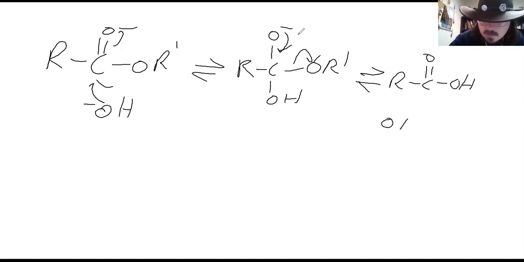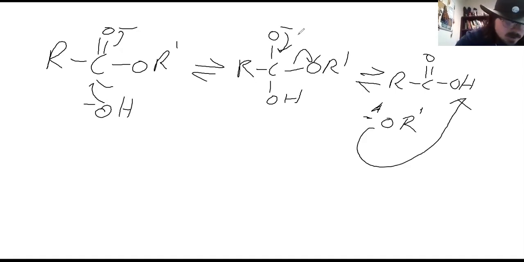Now, here's the thing. Because this is a base, this will then deprotonate this to form our carboxylate, making this salt.